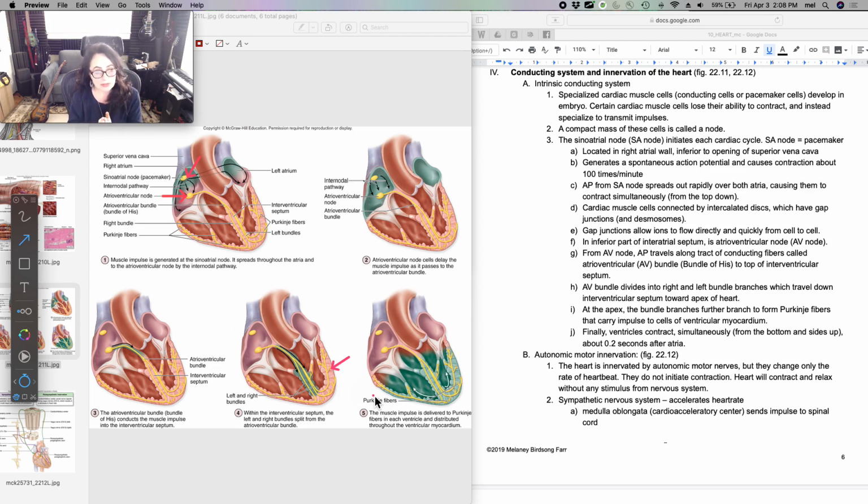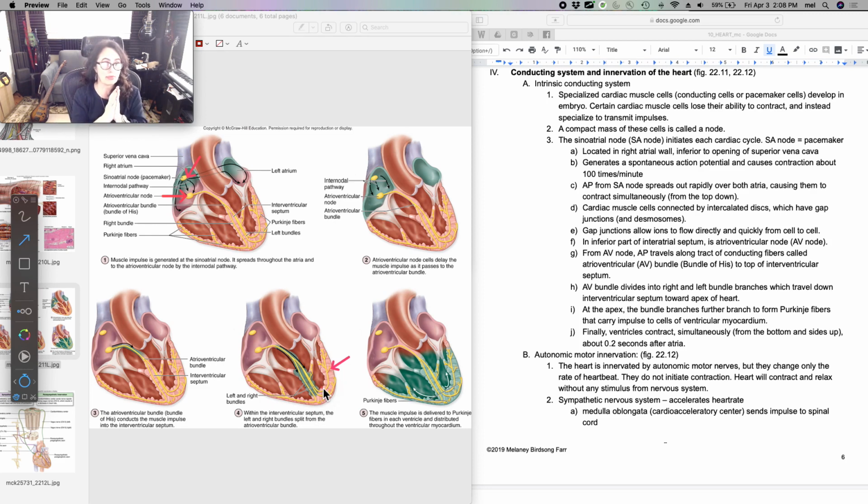So what happens is that the pacemaker cells only talk to each other as they're going all the way down here, as they're going AV node, down the AV bundle, down the left and right bundle branches. They're still only talking to other pacemaker cells. They only start to talk to the contractile cells once they get to the Purkinje fibers.